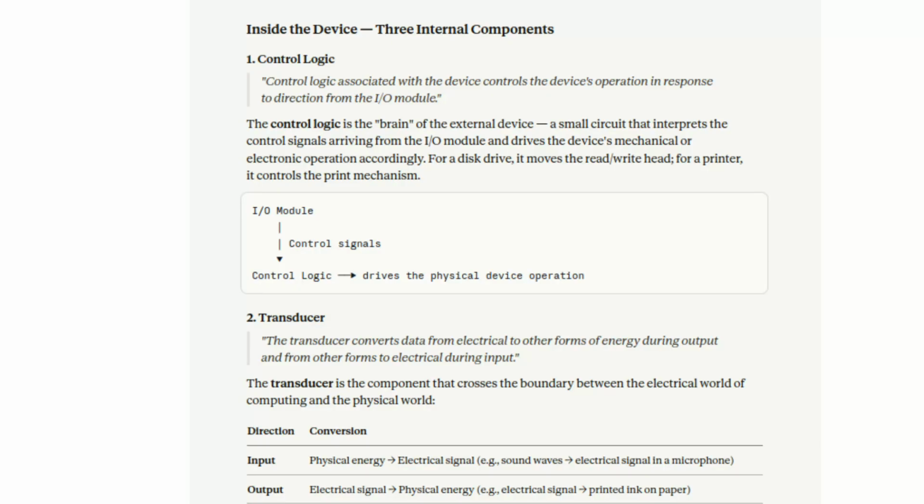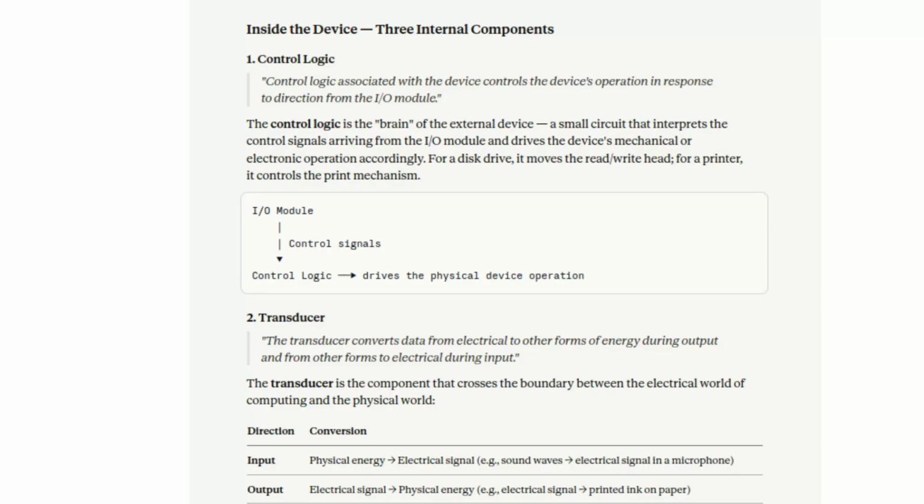First, let's understand what the transducer does. It converts the data from electrical to other forms of energy during the output part, and from the other forms to electrical during the input part.